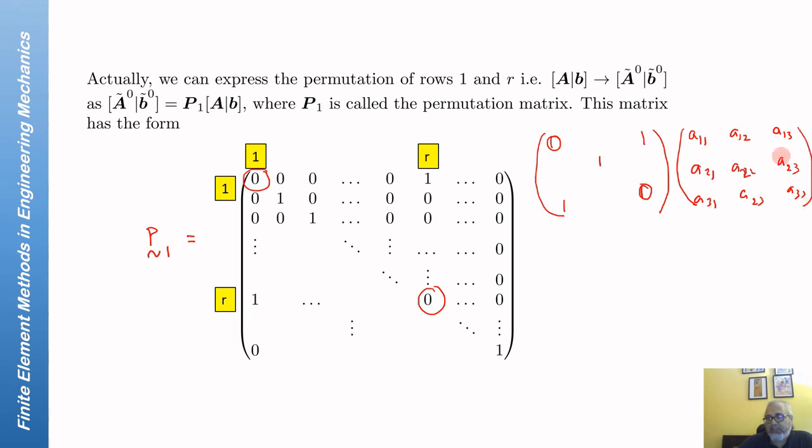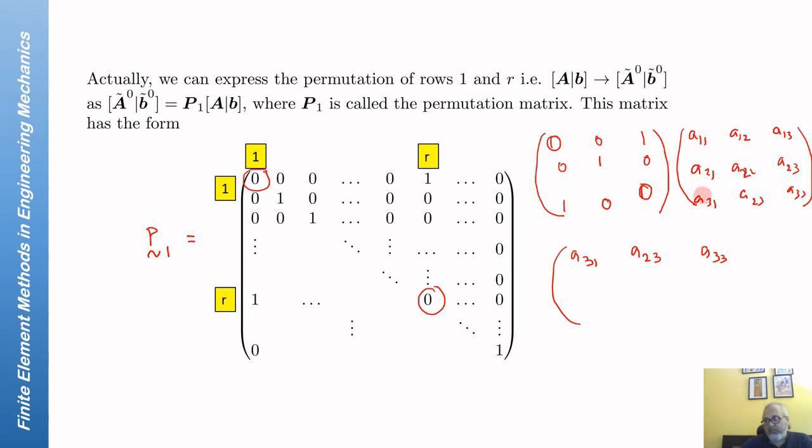So multiply this with this. So this row into this. The result of this multiplication will give you A31. This into this will give you A32. This into this will give you A33. Then this into this will give you this row. So these are zeros.